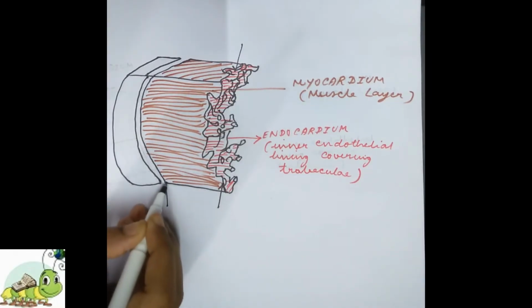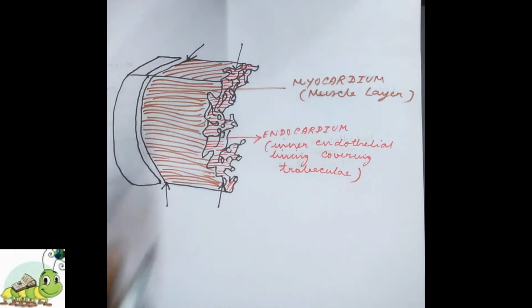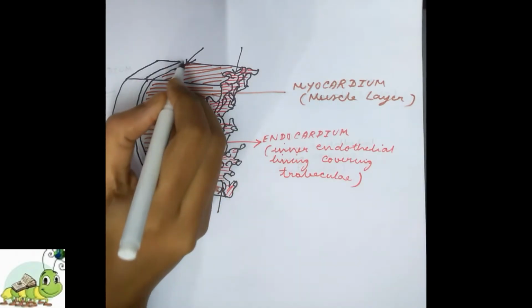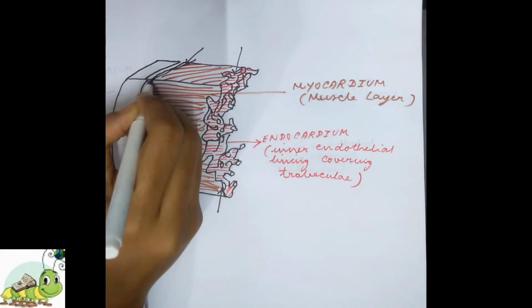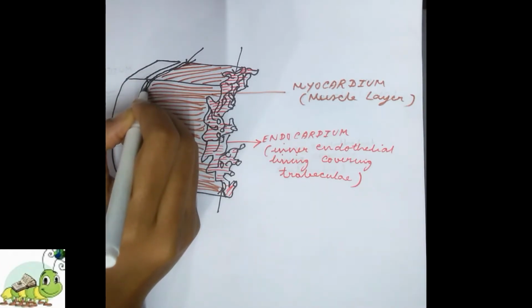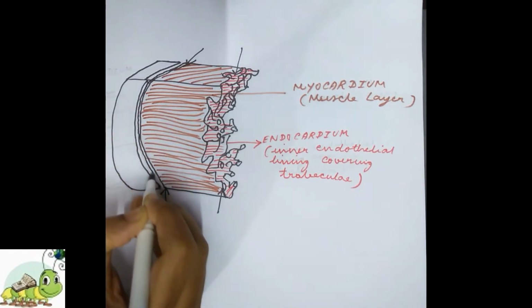So the next part of the wall is the subepicardial layer. The subepicardial layer lies between and joins the myocardium and the epicardium. Next layer of the wall is the epicardium, the visceral layer of the serous pericardium.